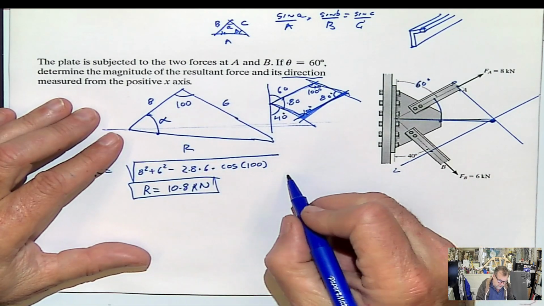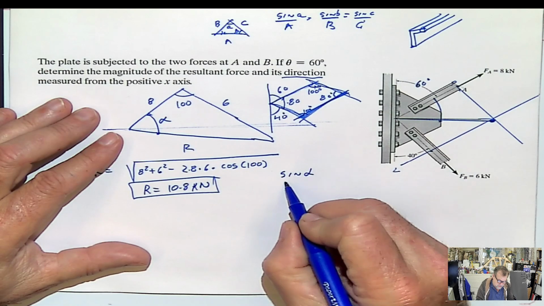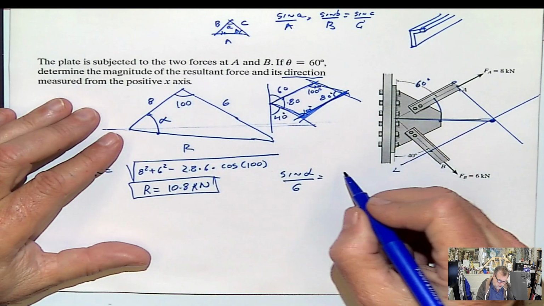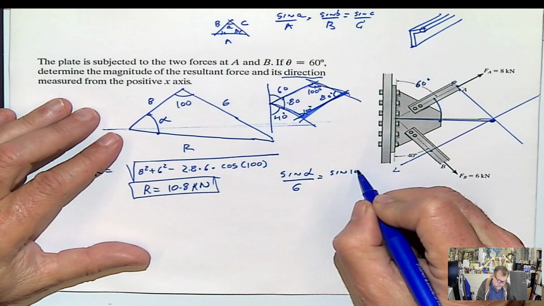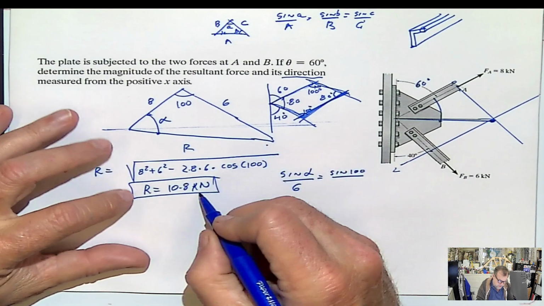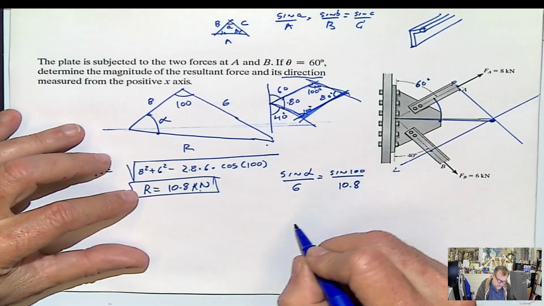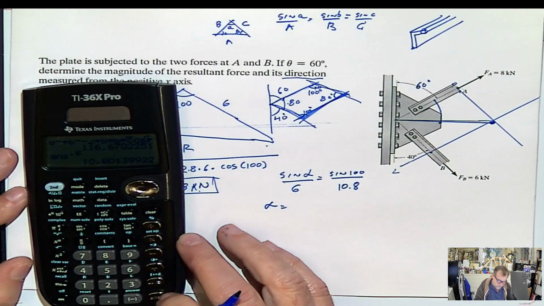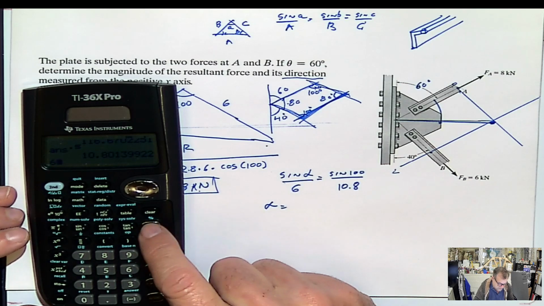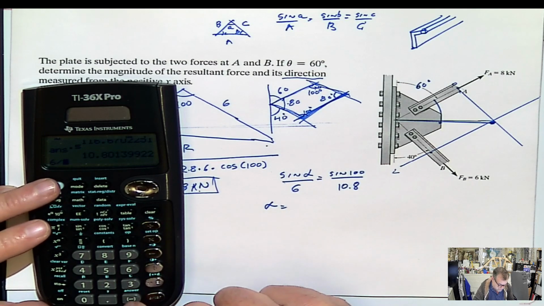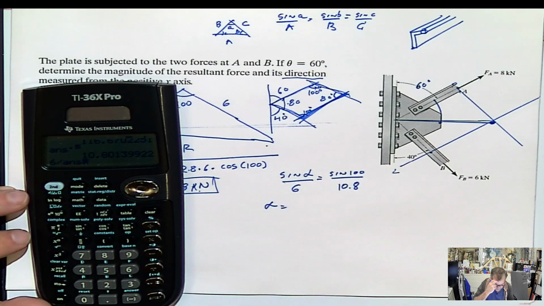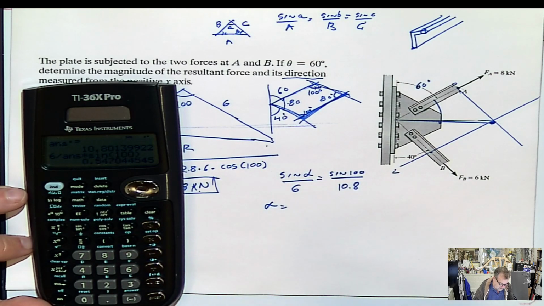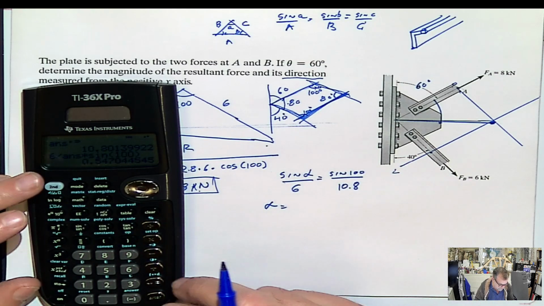Sine of alpha divided by 6 has to be equal to sine of 100 divided by R, but R is 10.8. So I can calculate alpha from here, which would be 6 divided by the value that I just got, multiplied by sine of 100, and that would be 0.54.